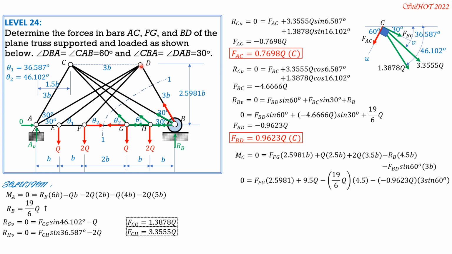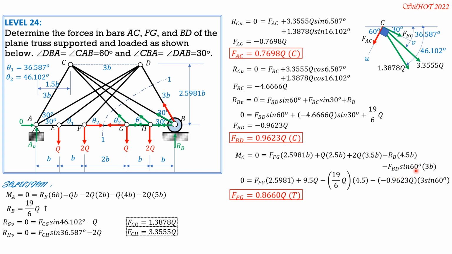So minus FBD sine of 60, then moment arm is 3B. Take note that I move FBD to D by principle of transmissibility of a force so that it has only one component, the vertical component, for moment about C. It's the same if you do not move, but this is the simpler one.